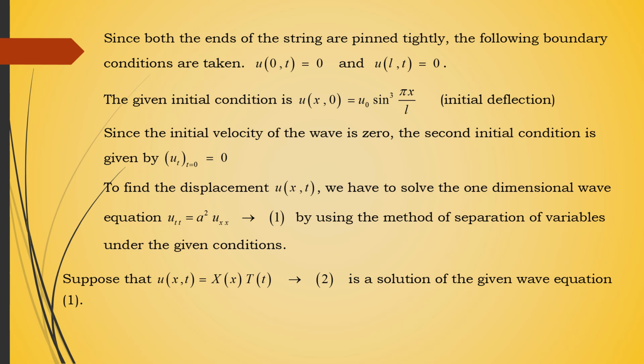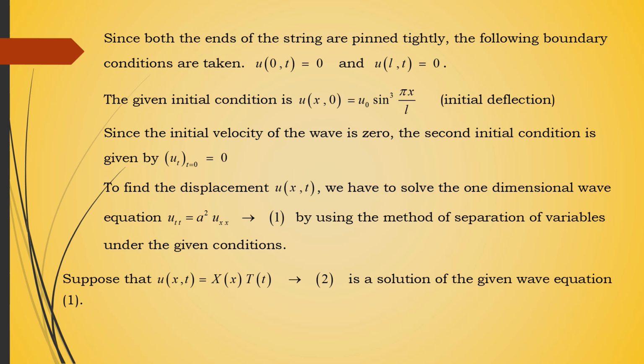Now, the boundary conditions are given by u of 0 comma t equals 0, u of L comma t equals 0. These two conditions represent that at the left end of the string, the deflection or displacement is 0 at any time t.